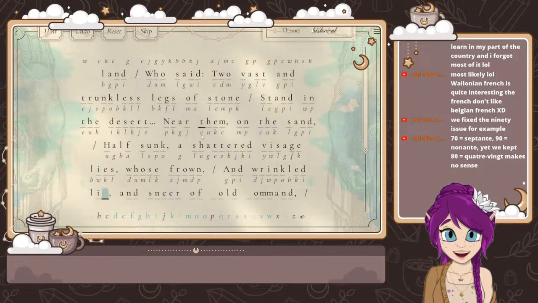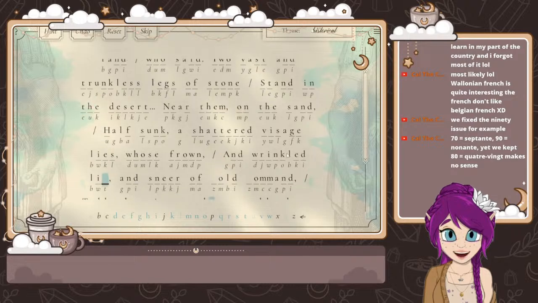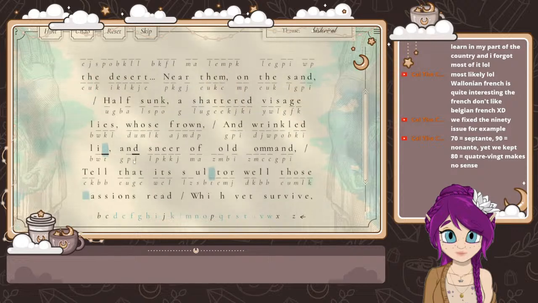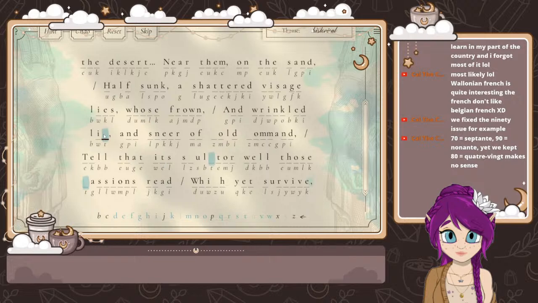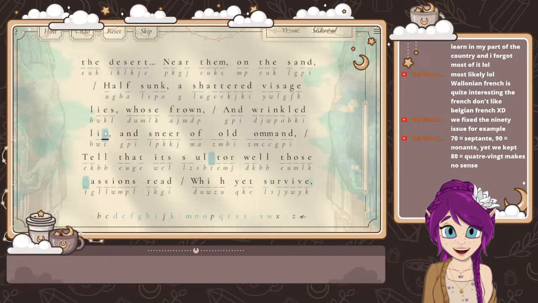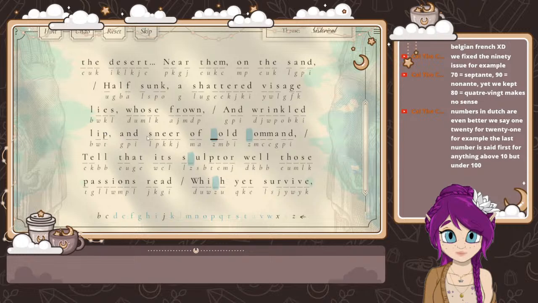Near them on the sand, half sunk, a shattered visage. I don't know how to say it in English. It's a face. Lies, whose frown and wrinkled lip.